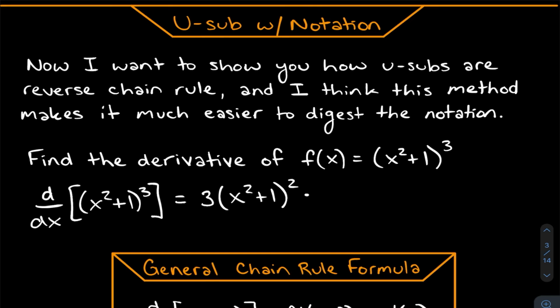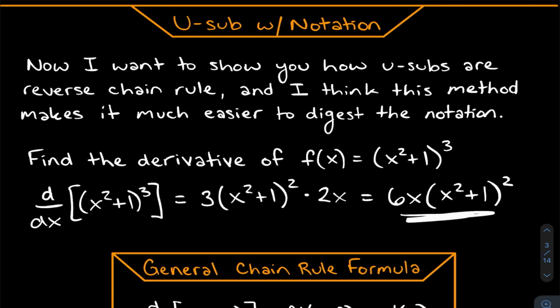And then we take that derivative of the inside as kind of like a consequence of the whole thing. And so this becomes 6x times x squared plus 1 squared. And that's chain rule. So the question is now, how can we reverse this process and get from 6x times x squared plus 1 squared back to x squared plus 1 cubed?